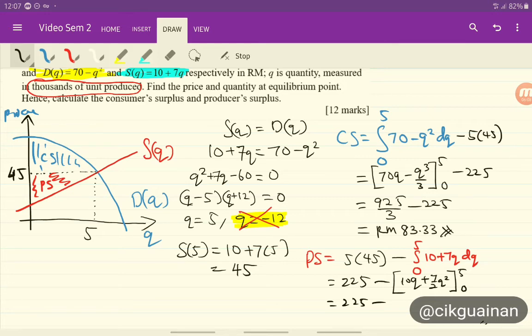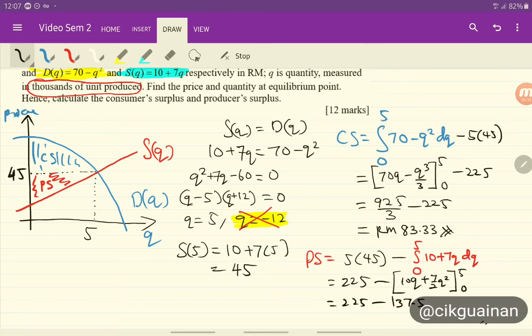It's 10Q plus 7 over 2 Q squared. Oh, 10, my bad. From 0 to 5, what in decimal? 137.5.